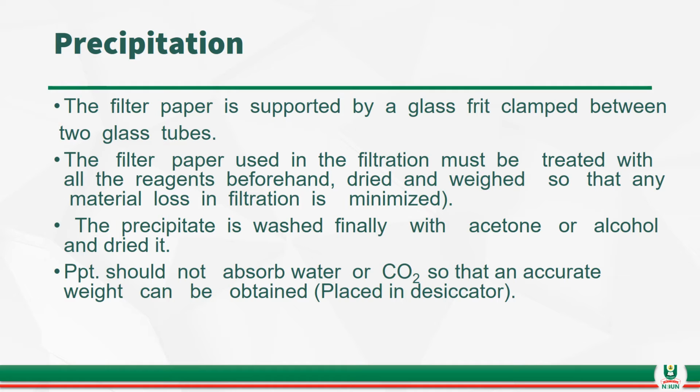The precipitate is washed finally with acetone or alcohol and dried in an oven. The precipitate should not absorb water or carbon dioxide so that an accurate weight can be obtained. Therefore, it is advisable that the precipitate should be placed in a desiccator.